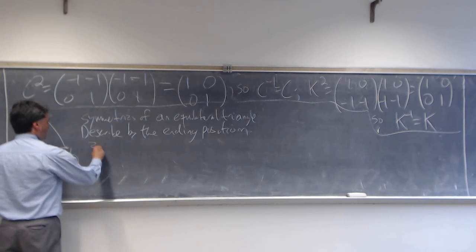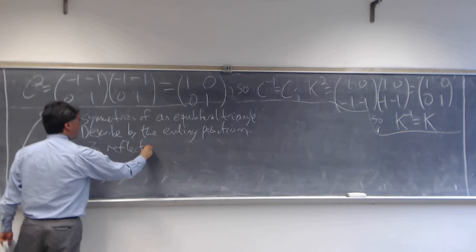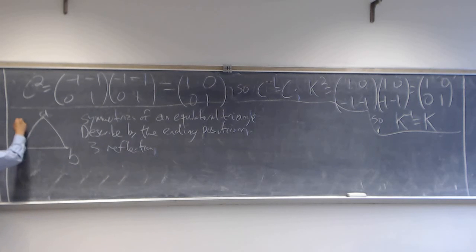There's 3 reflections, and we'll maybe look at them in specific views, but if you draw an altitude from a vertex perpendicular to the side opposite it, if you use that line as the line of reflection, that would be a symmetry. And another reflection wouldn't give you a symmetry if it's not going through a vertex and the perpendicular line. This is, again, from geometry, not only is this an altitude, if we drop a perpendicular on an equilateral triangle, then in fact it's bisected. So it's not just a perpendicular, it's a perpendicular bisector.